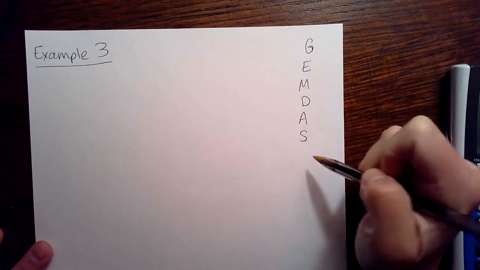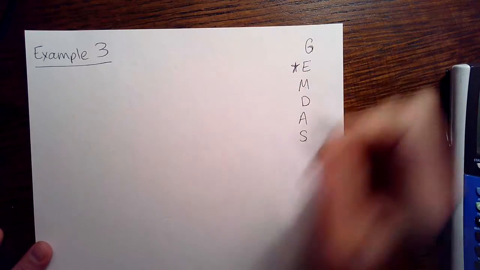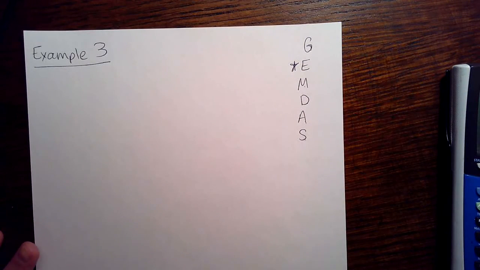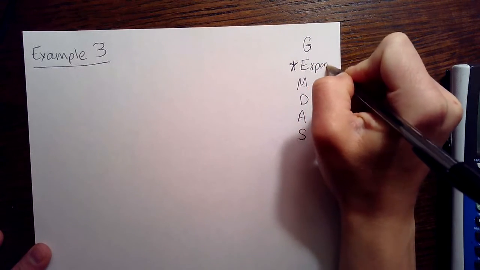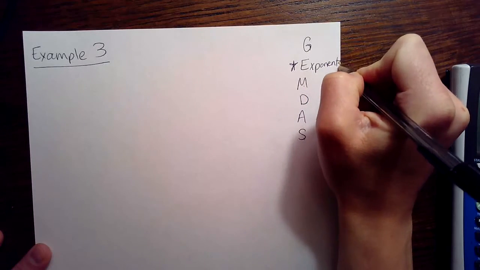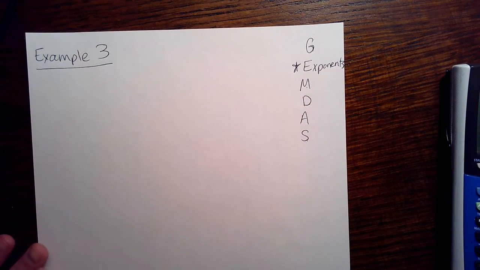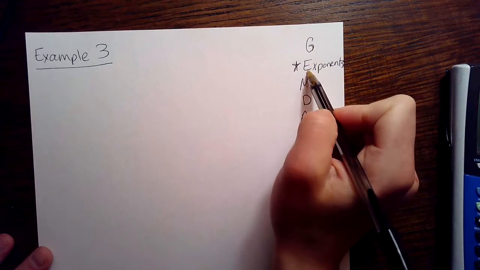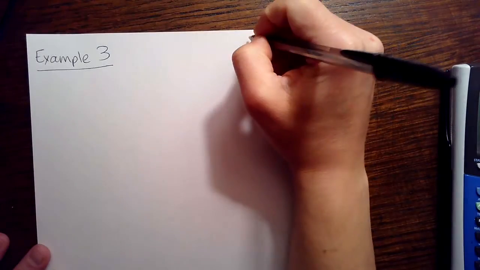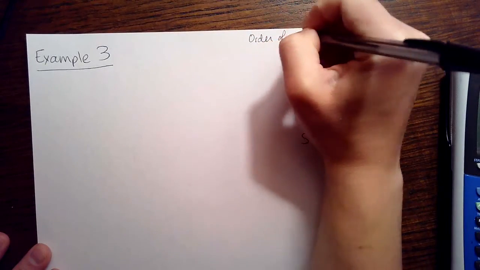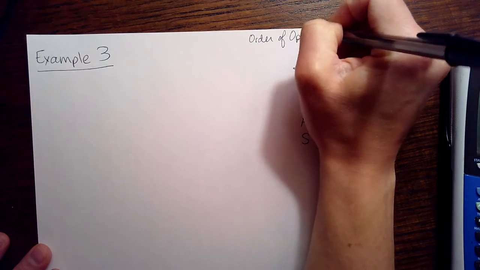We've even spent some time with grouping symbols. This is what we're using today, the exponents. That E stands for exponents. It comes second in our order of operations. So keep that in mind as we look at some of these examples here today.